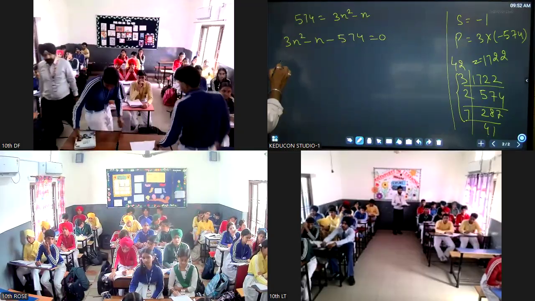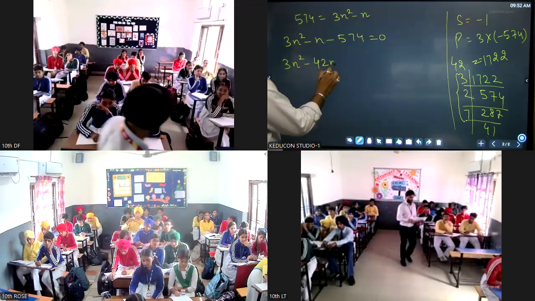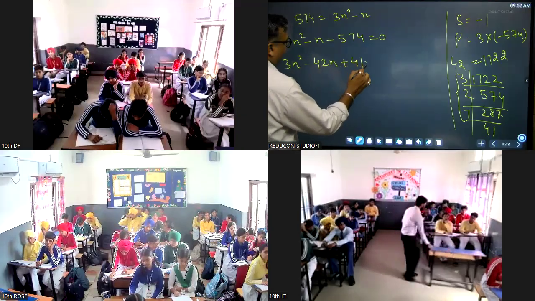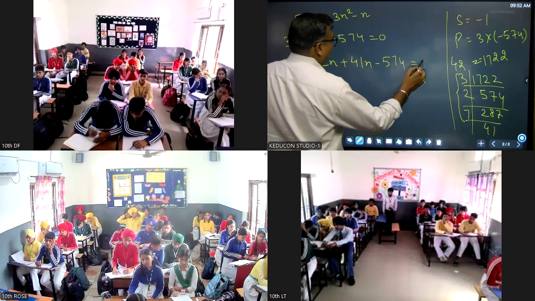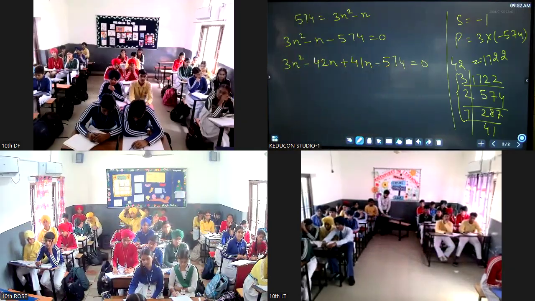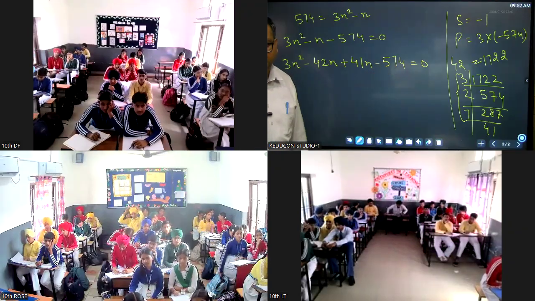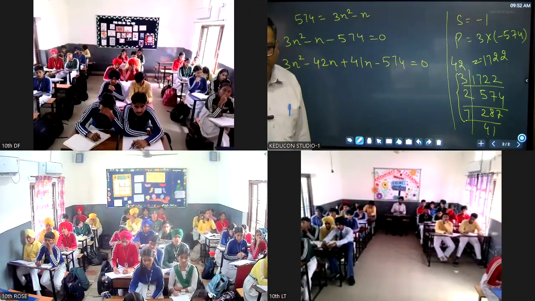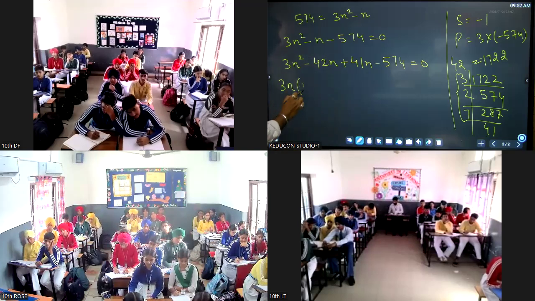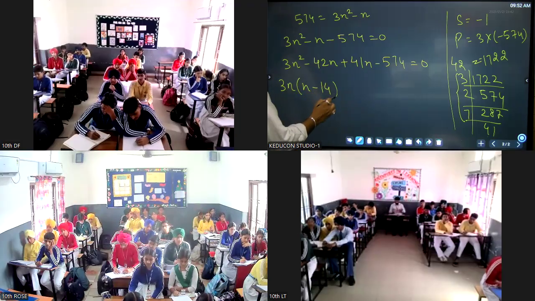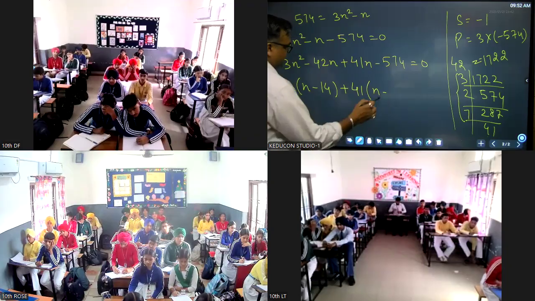So we can make out the minus 1. How? This will become 3n square minus 42n plus 41n minus 574. Now you can see the sum of these two terms is minus 1, and when you multiply them, this becomes minus 1722, right? So take 3n common from the first two terms, 41 common from the last two, and minus 14.